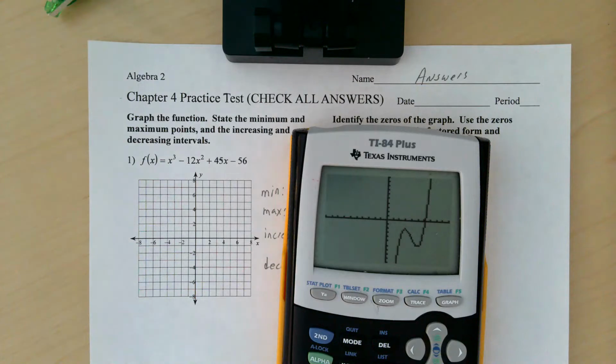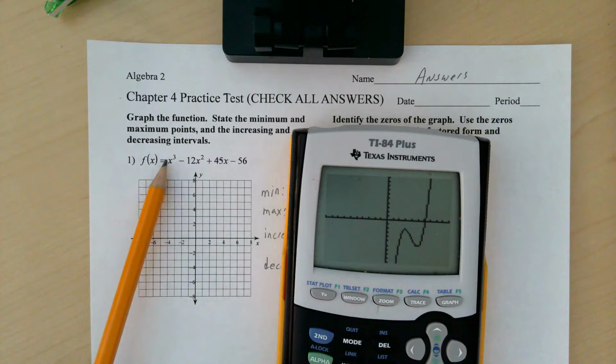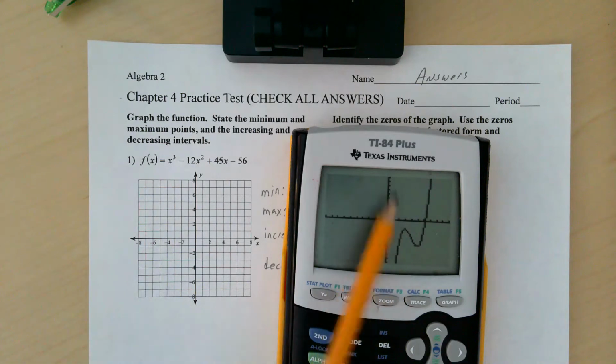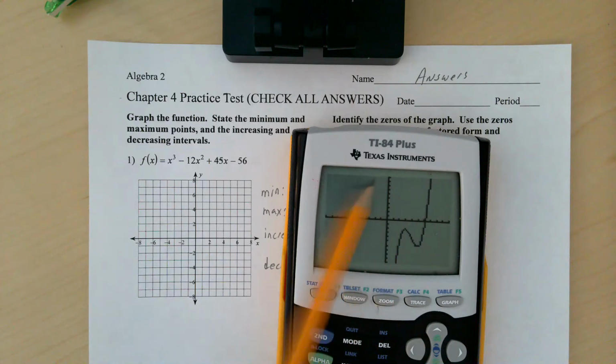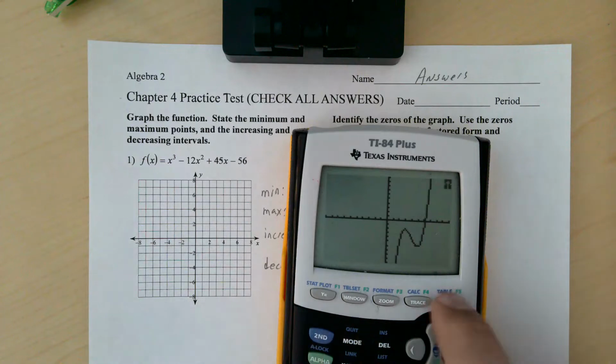I am hoping that you understand this has to be pointing in opposite directions because it's an odd exponent, and it's going to fall on the left because there is a positive number in front. If there was a negative, then it would have the mirrored image about the x-axis. Then it would be going up on the left, down on the right. So this makes sense.